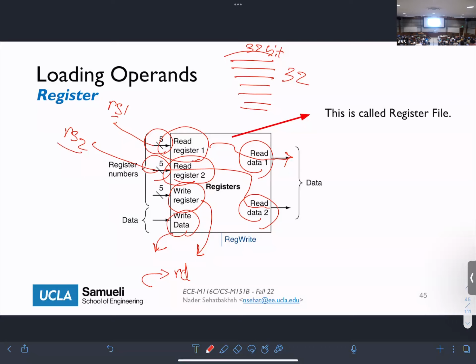And similar to the way that instruction memory works, you put the address, you get the data after some delay. So this would be the value of RS1, and this will be the value of RS2. Okay? And on top of that, we have these 2 things on the bottom here.